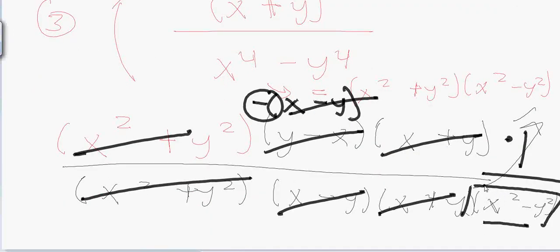Now, x squared minus y squared is essentially the same as, I'm sorry, x minus y. Okay, so actually, over here, you can simplify this into x plus y times x minus y.